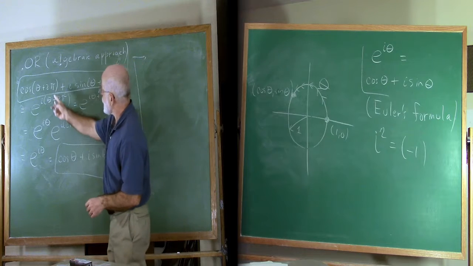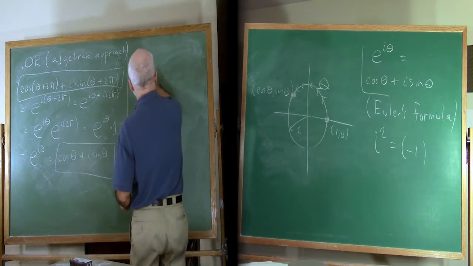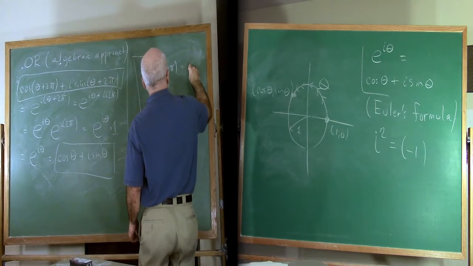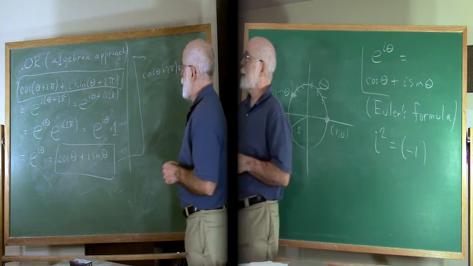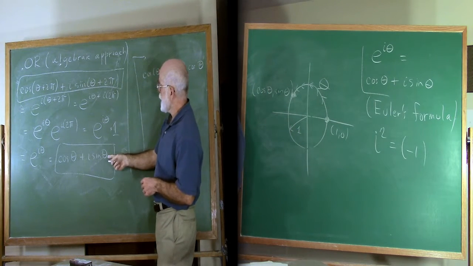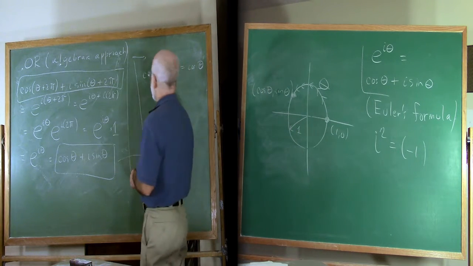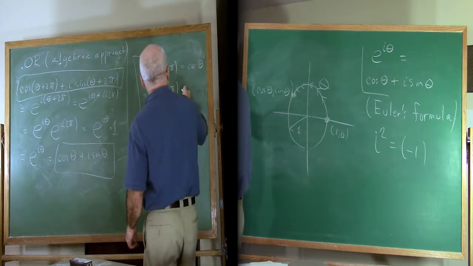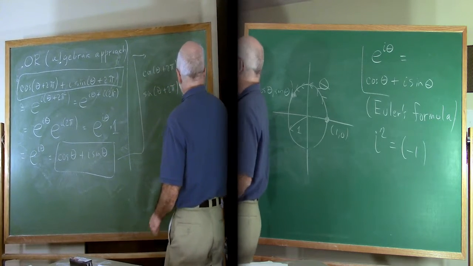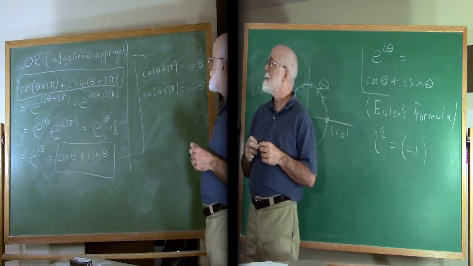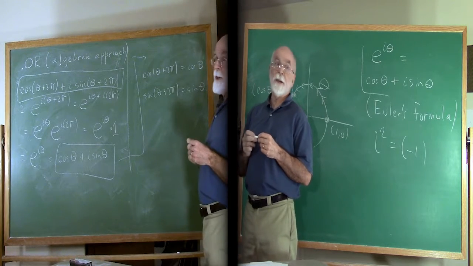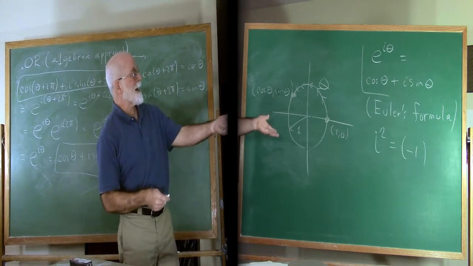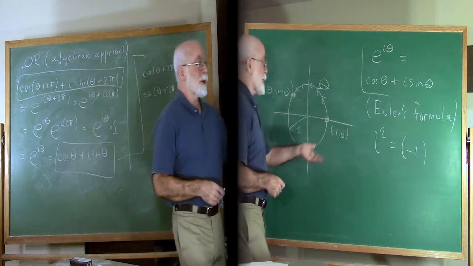The part that's untouched by i, those have to be equal. And the parts that are attached to the number i, those have got to be equal also. That's another way of getting the same approach. It comes from a different side of this picture we drew, the Euler's formula side.